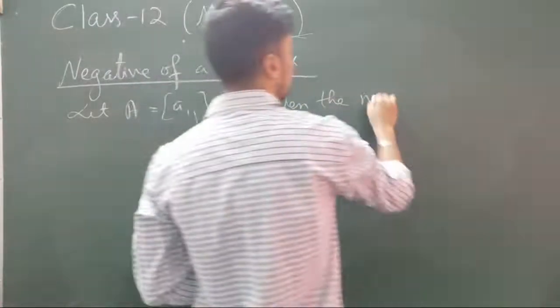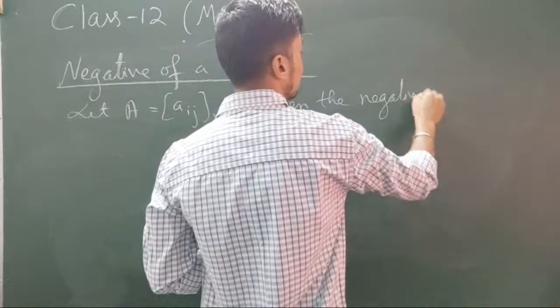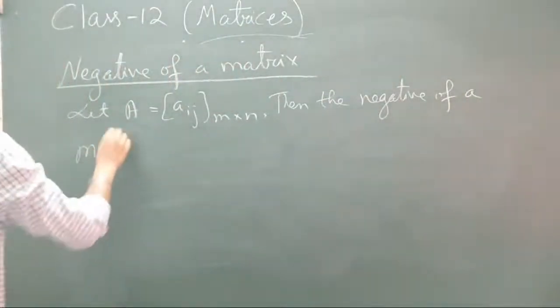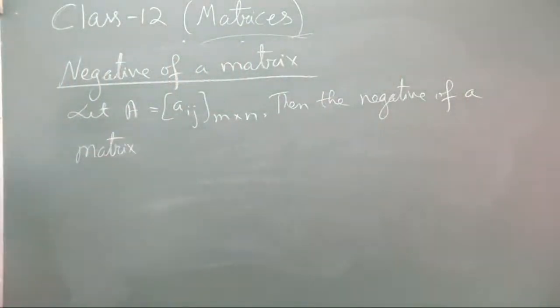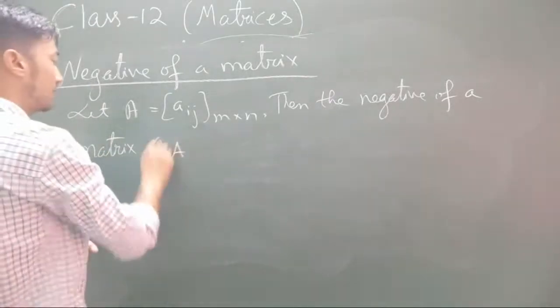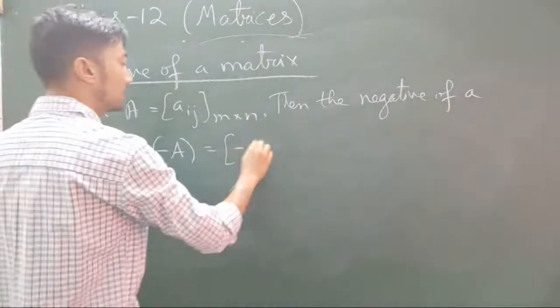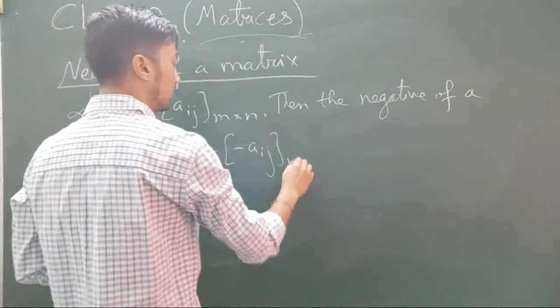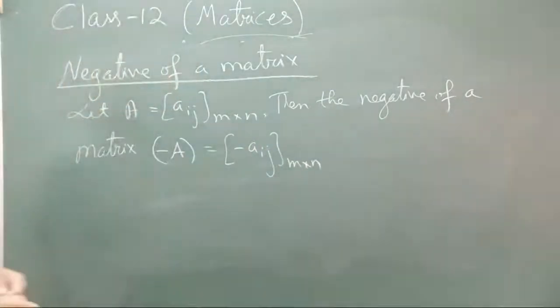Then the negative of the matrix, minus A, that would be [minus Aij] of the order m by n.